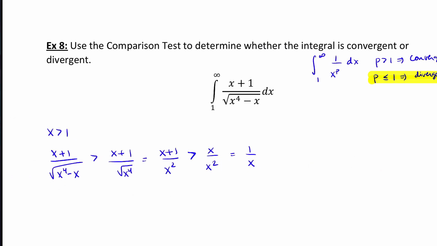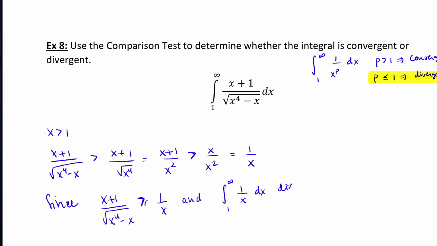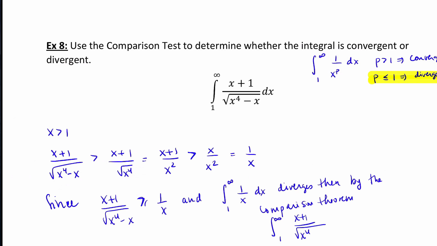We say, here we go, since x plus 1 over root of x to the fourth minus x is greater than or equal to 1 over x, and the integral from 1 to infinity of 1 over x dx diverges, then by the comparison theorem, the integral from 1 to infinity of x plus 1 over root of x to the fourth minus x dx also diverges, okay?